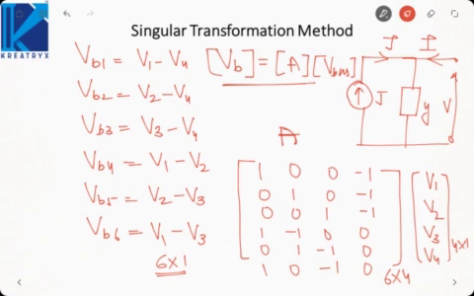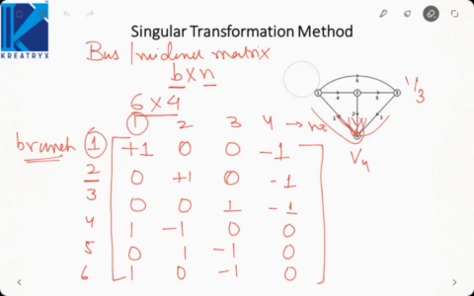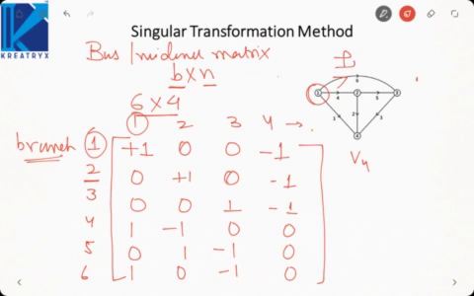Now, the sum of the currents that are going in different branches at a bus will give me the bus current. That means, what is the bus current at I1? It will be equal to IB6, IB4 and IB1. So by KCL, I1 is equal to IB1 plus IB4 plus IB6.